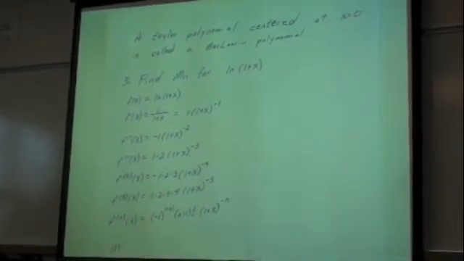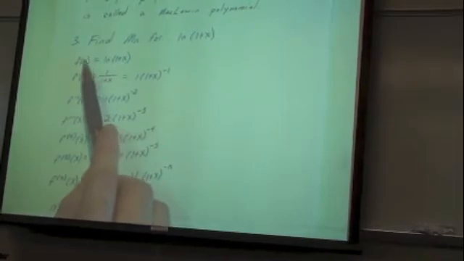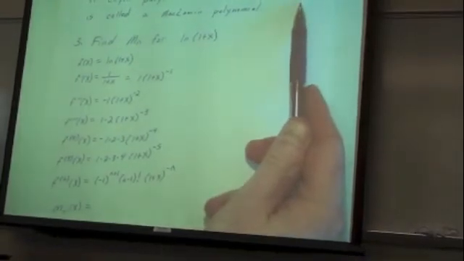Okay. So now I'm asking for the nth Maclaurin polynomial, M sub n of x. The very first term has to be this times x. If it's centered around x equals 0, it's going to be x minus 0.